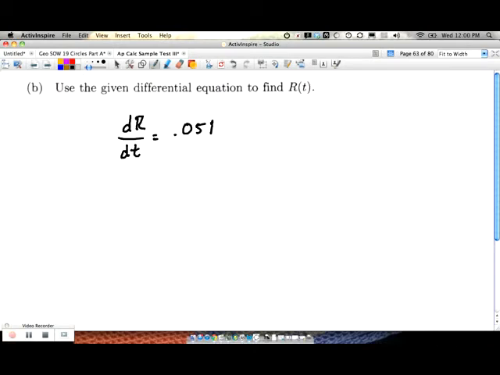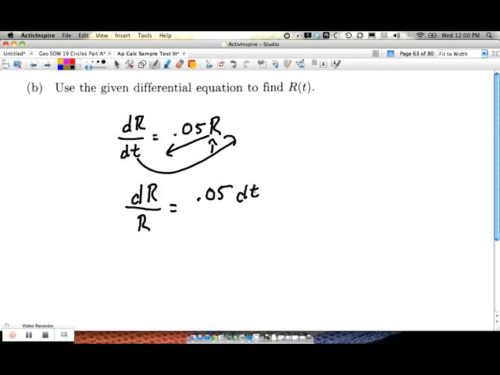What we need to do in order to calculate this is realize that we can integrate this. But in order to integrate it, we have to separate the variables. So I'm going to bring this R over to the left and bring the dt over to the right. That means I'll have dR over R equals 0.05 dt.